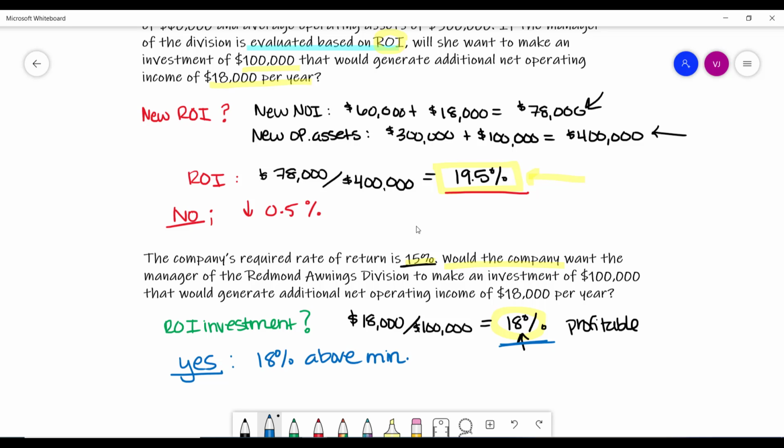But by investing in that project, the overall division's ROI would dip ever so slightly, only by 0.5%. So depending on who you talk to, the project might be accepted or denied. This is why how managers are evaluated and rewarded is important, because it can have an impact on investments being made or not being made.